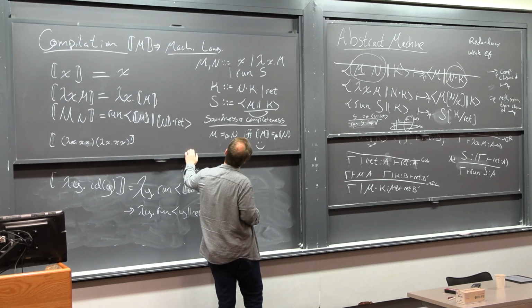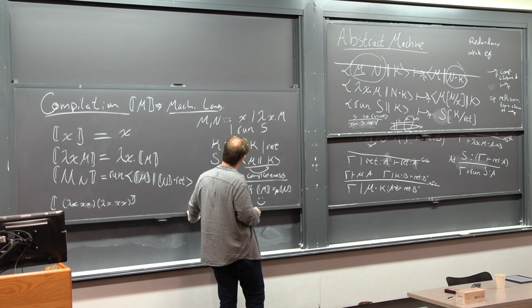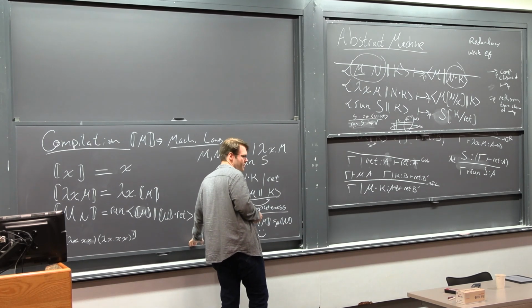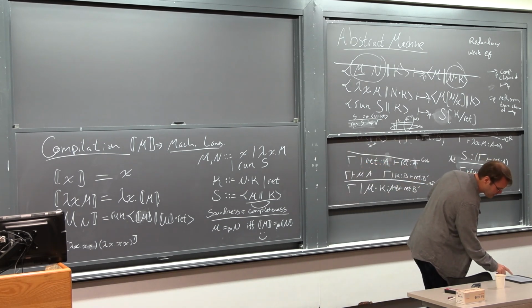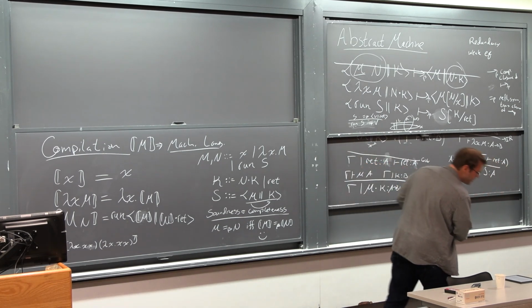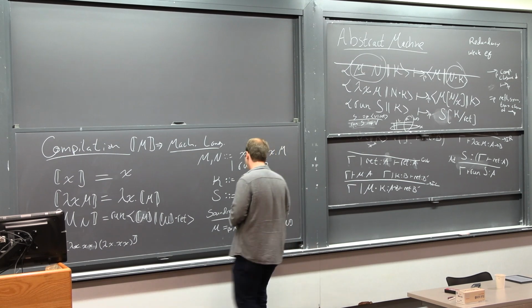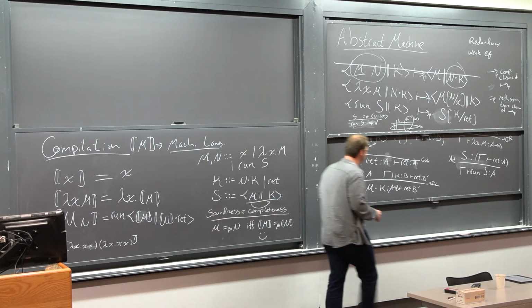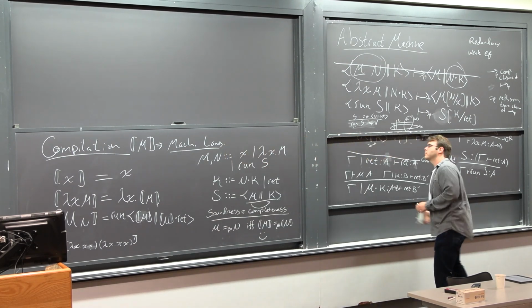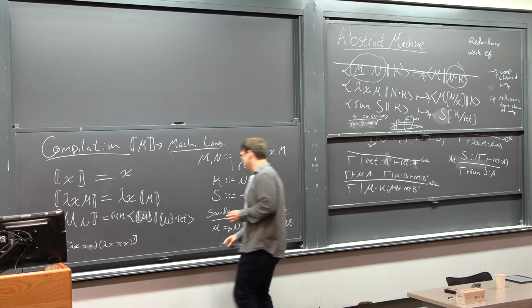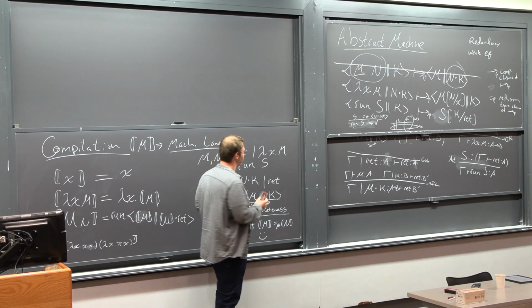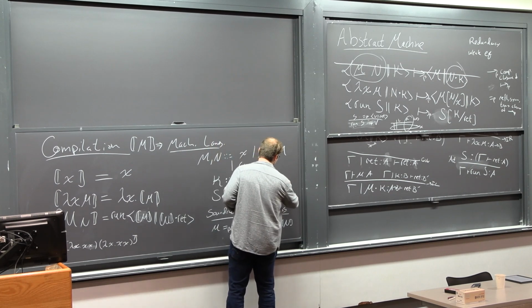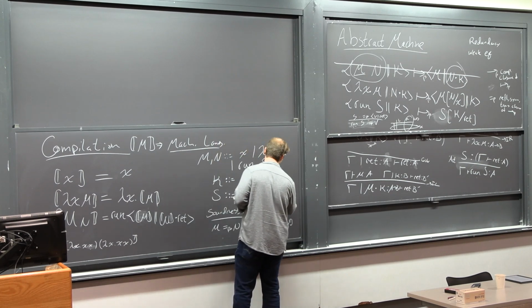Now I'm going to start adding some more stuff to my machine language, but not too much. The main idea is that instead of ret, sure, you can say ret, but I'm actually going to have a bunch of these things.